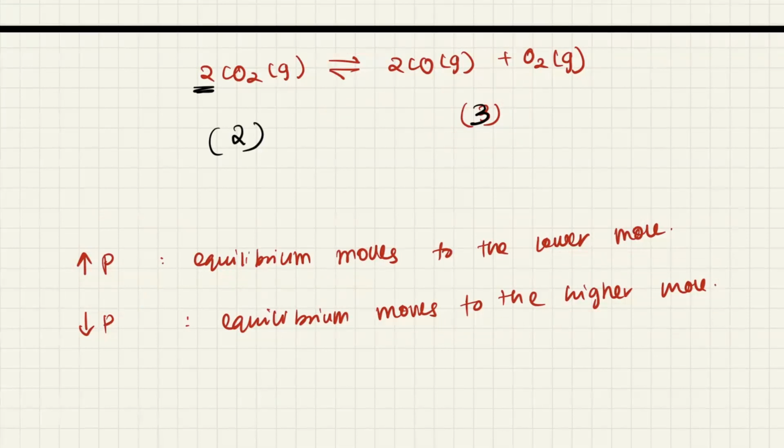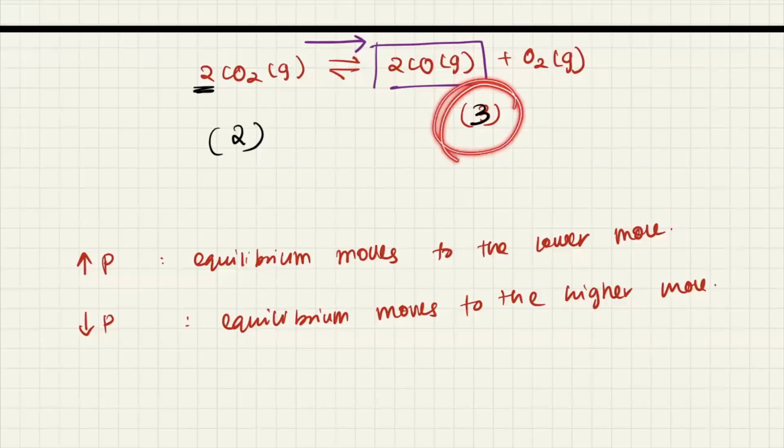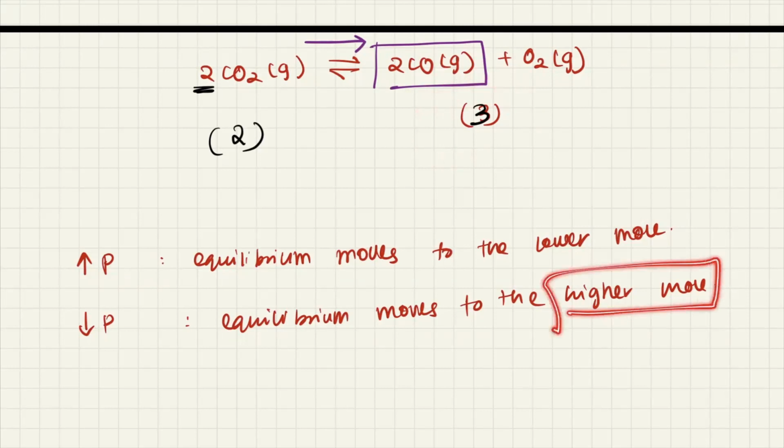So basically it's going to change based on the chemical reaction. Okay, so because we want to produce the maximum of what? Carbon monoxide, we want the reaction to go to the right, which has more moles. So to make it go to the higher mole, we need to decrease the pressure.